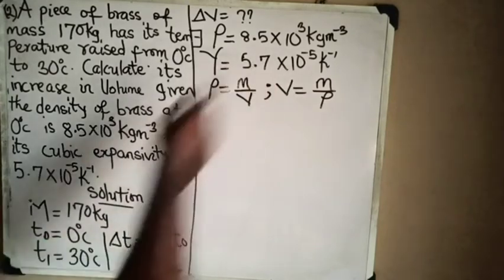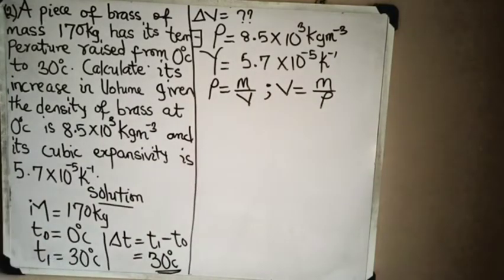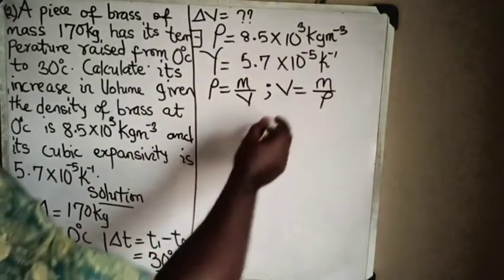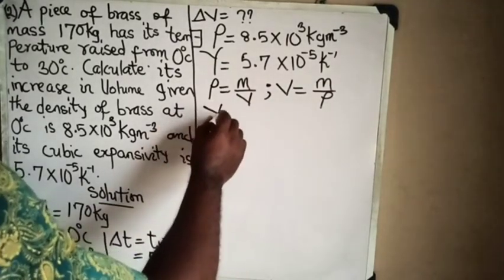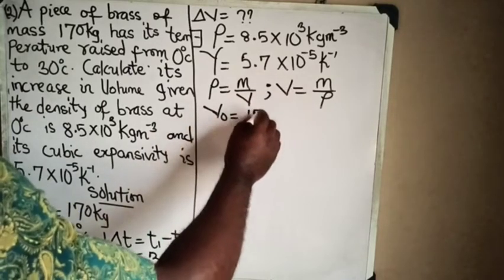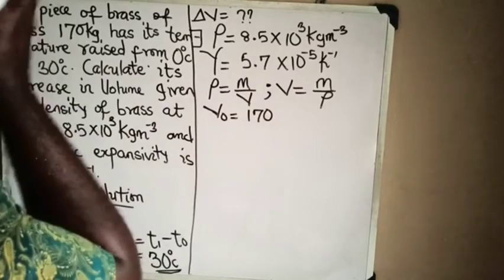Now from here I can get my initial volume of that brass material, because I know the value of the mass, which is 170. That's my V0 equals, what's my mass? 170 kg.